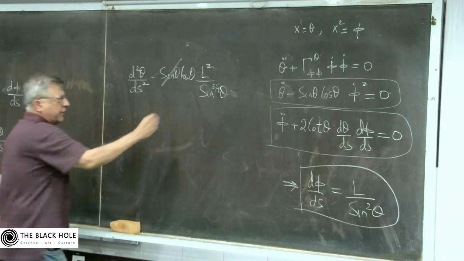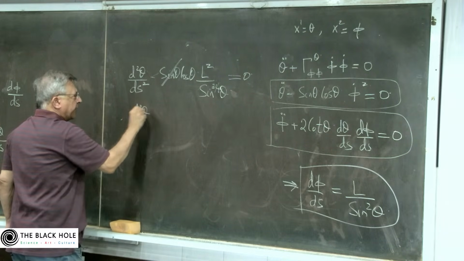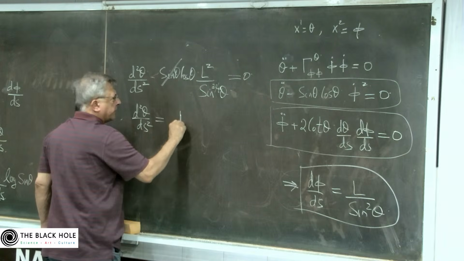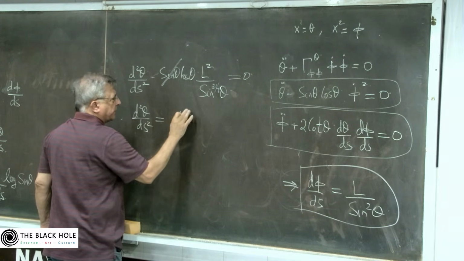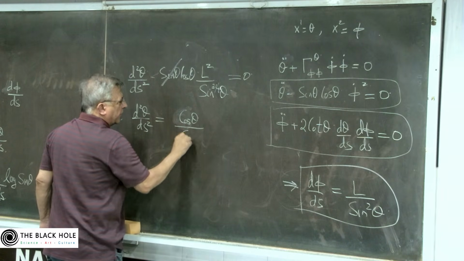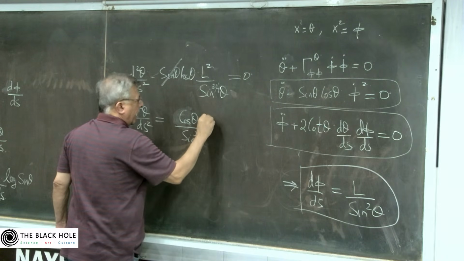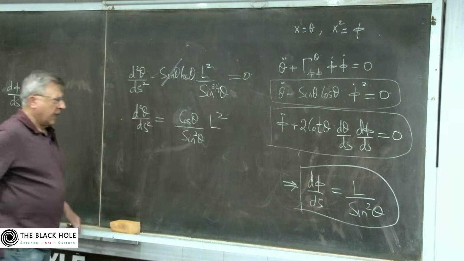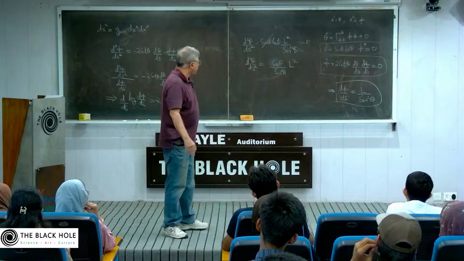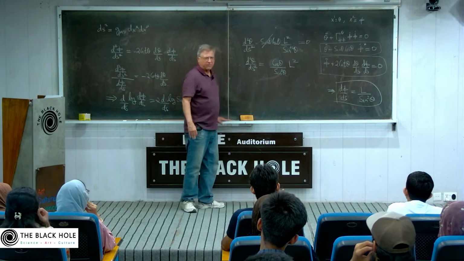And so this is equal to 0, and my equation then becomes d2 theta by ds squared equals L squared cos theta over sine cube theta. And that is a nasty equation, very nasty equation. Still you can solve it, but I don't want to solve it.